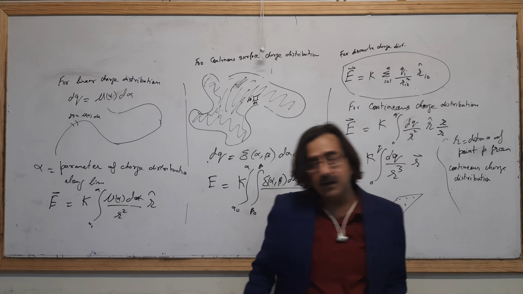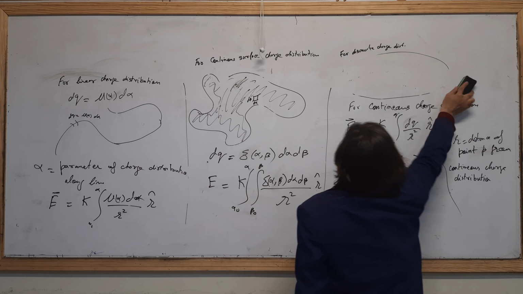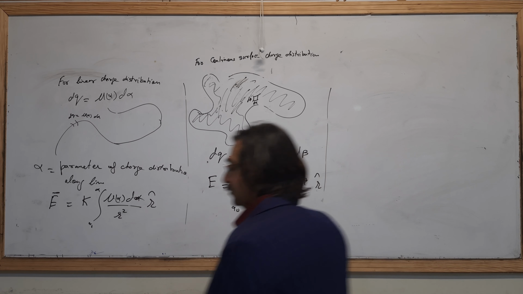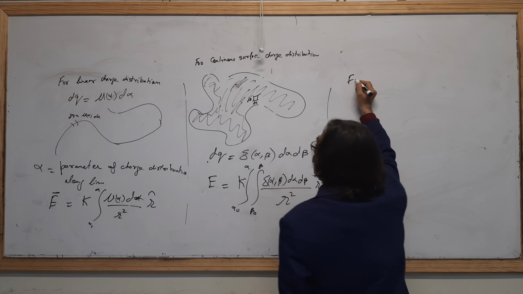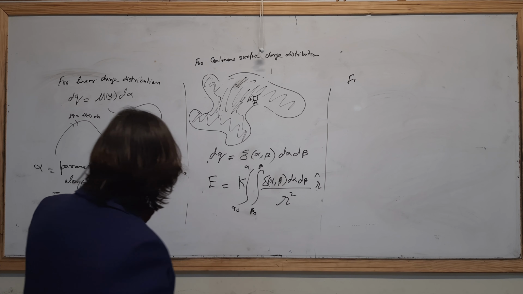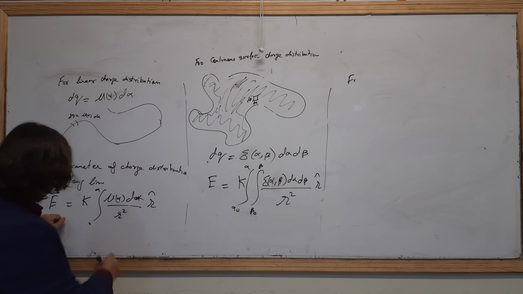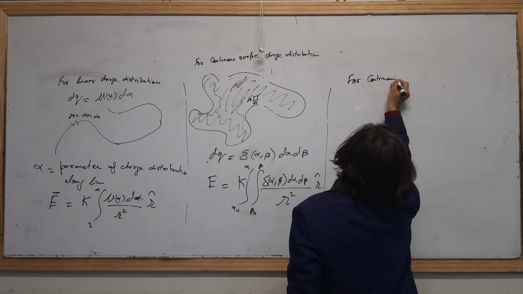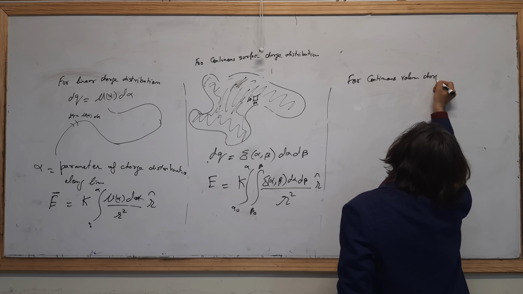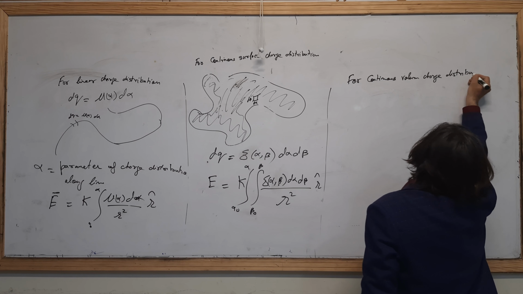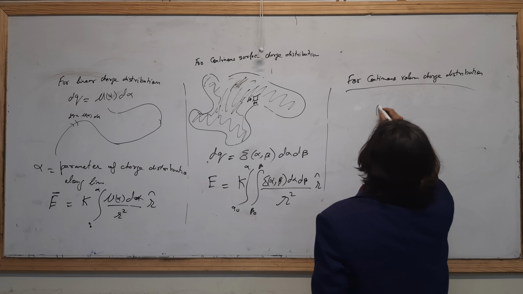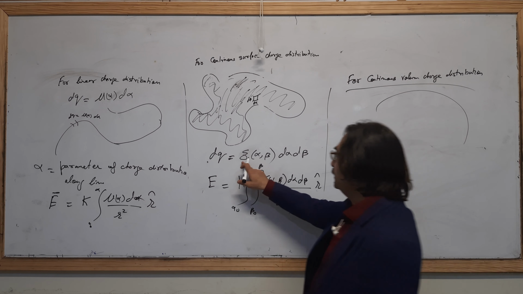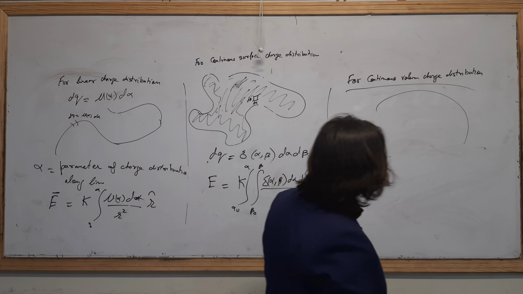And for continuous volume charge distribution, what will it be? Alpha naught to alpha. ये sigma है.